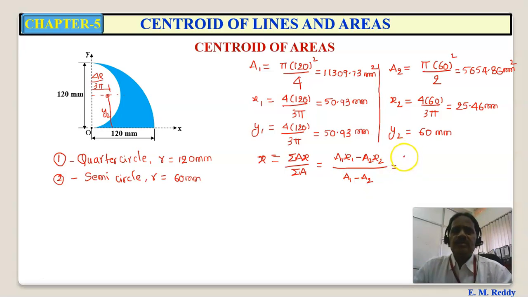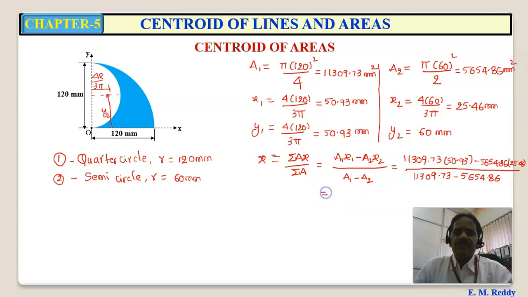So putting all these values, 11309.73 into 50.93 minus 5654.86 into 25.46, divided by 11309.73 minus 5654.86.